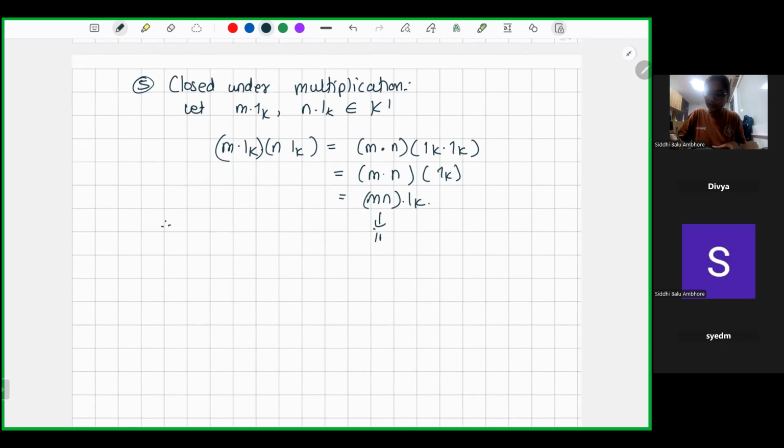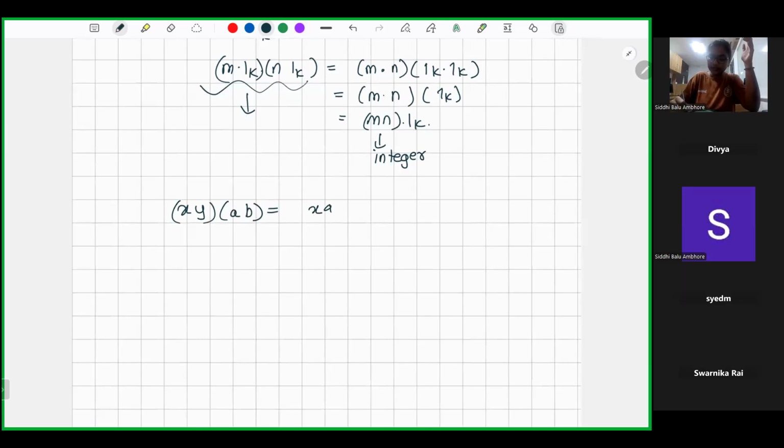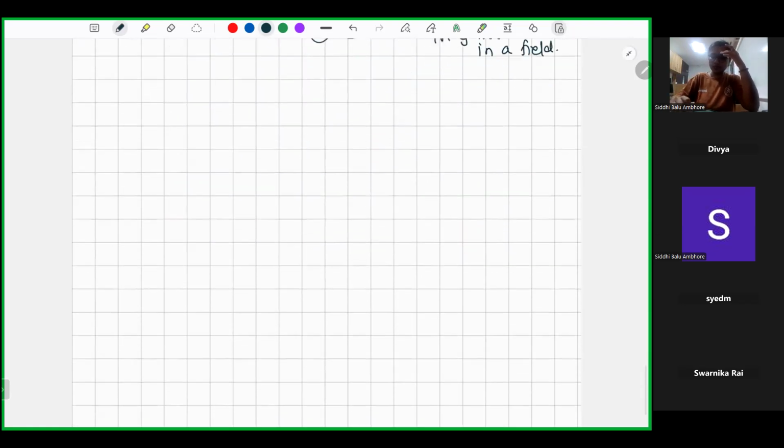So therefore, this is again some integer. And this shuffling, see how we could go from here to here. In general this is not possible. For example, if I had a few elements x, y, then xy into ab equal to xa into yb does not make sense in general. So this is not true in general in a field.